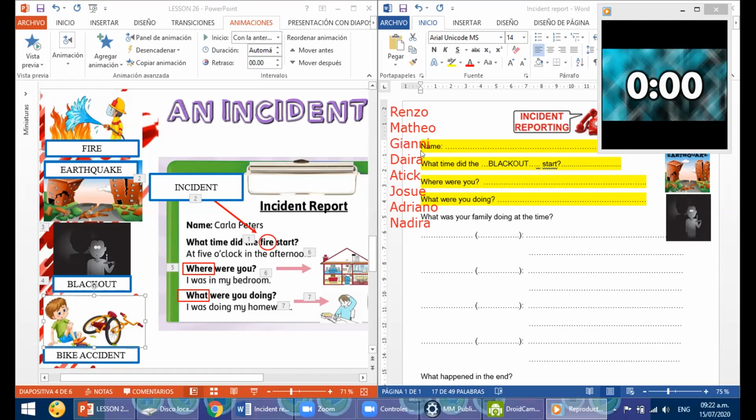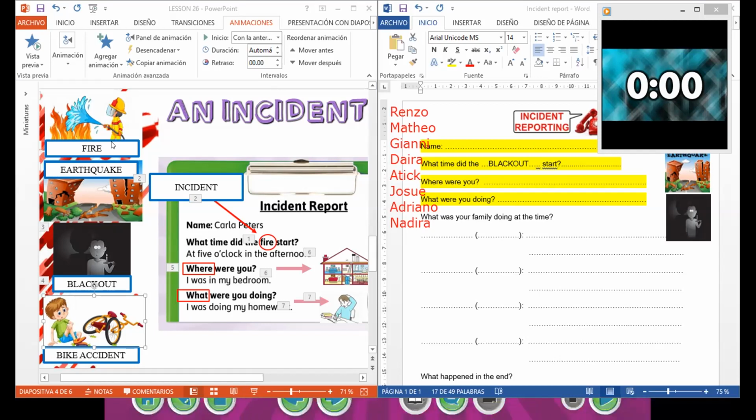Renzo, please, lee desde el inicio. Name, Renzo Espinosa. What time did the... ¿Qué incidente has escogido? ¿Qué accidente has escogido?